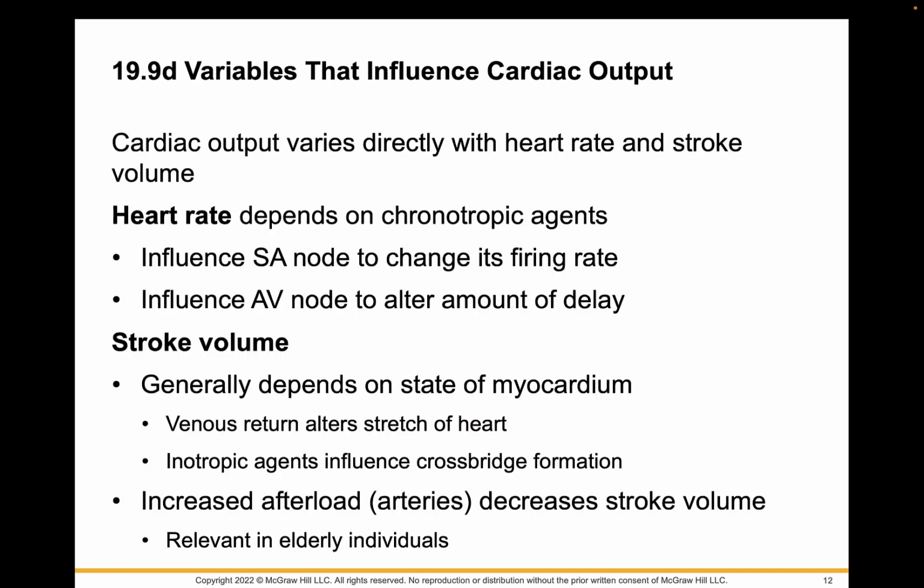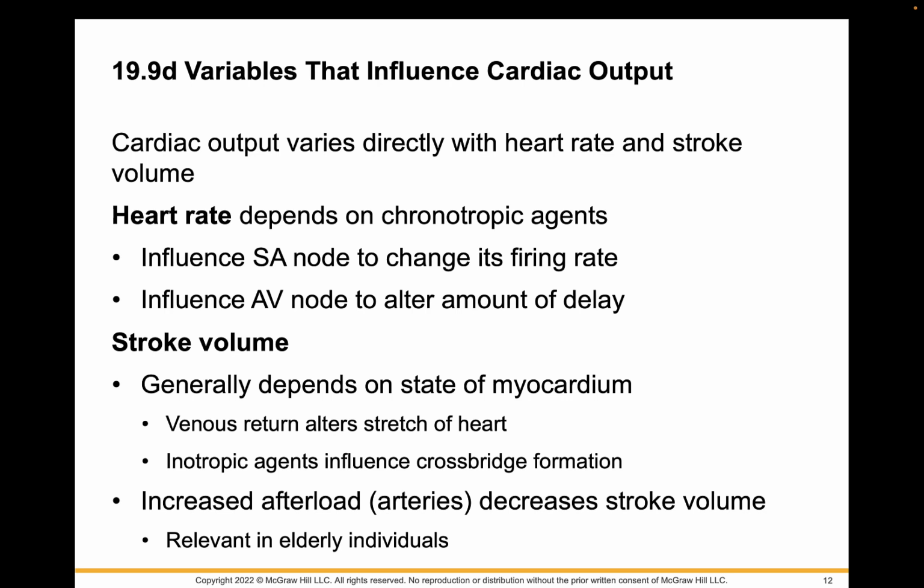Now, once again, let's try to start putting this together. And when we look at cardiac output, it varies directly with heart rate and stroke volume. Heart rate is going to be impacted by those agents we refer to as chronotropic. These agents basically act by having impact on the SA node to change the firing rate, influence the AV node to alter amount of delay. So that's basically how we're going to see these agents work.